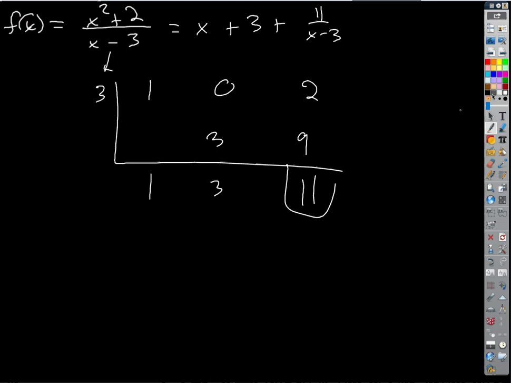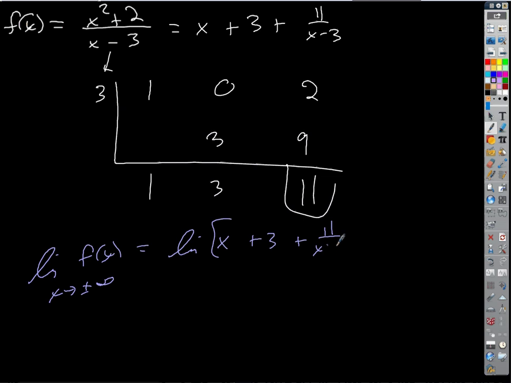Okay, so then if I want to do a limit of that, the limit of f of x as x approaches plus or minus infinity is the limit of x plus 3 plus 11 over x minus 3 as x approaches plus or minus infinity. Well, what's going to happen in that limit? This term's gonna go to infinity, right?